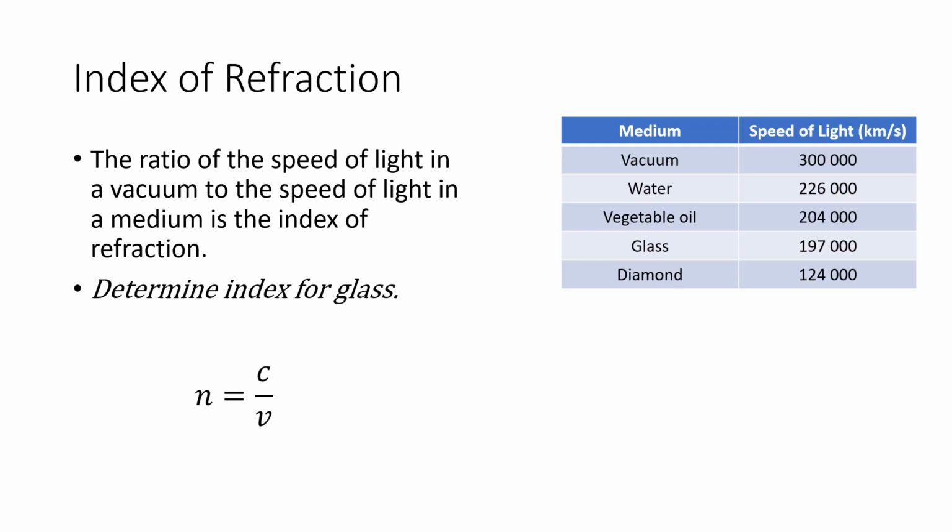So one way of comparing the speed of light in different substances is by using the index of refraction. The index of refraction is worked out by determining the ratio between the speed of light in a vacuum to the speed of light in some other substance. So we're going to use a formula to do this. The symbol for the index of refraction is this n.